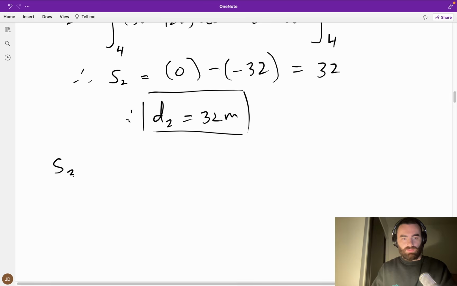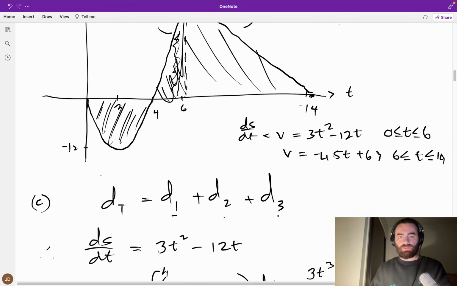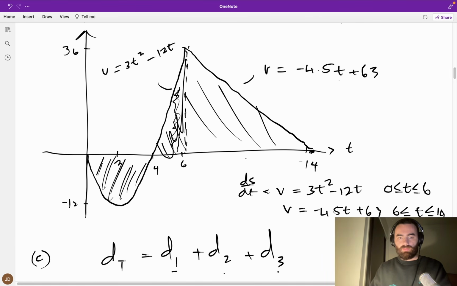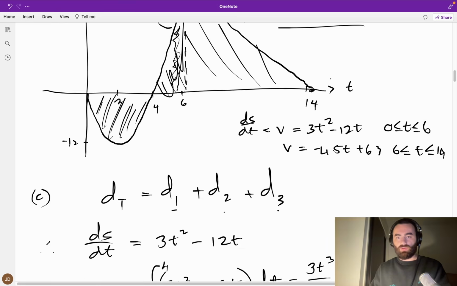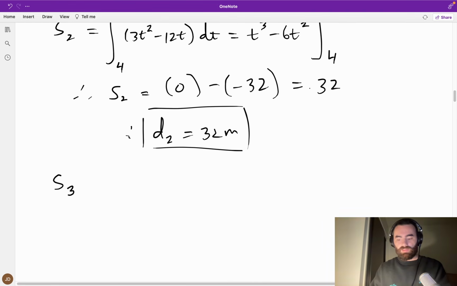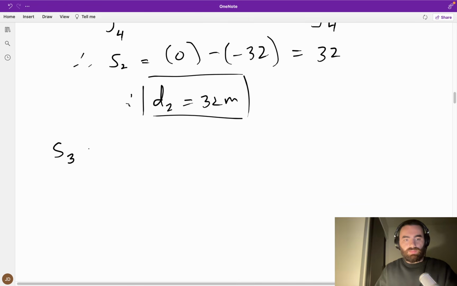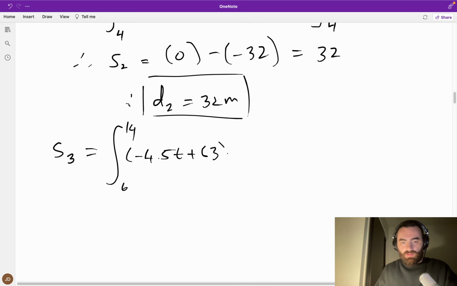And finally S3, which is this part here between 14 and 6. Now we have a new v-t line. So S3 is equal to the integral between 14 and 6 of minus 4.5t plus 63 dt.